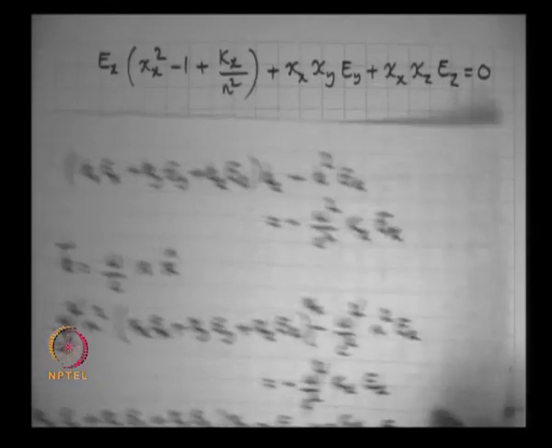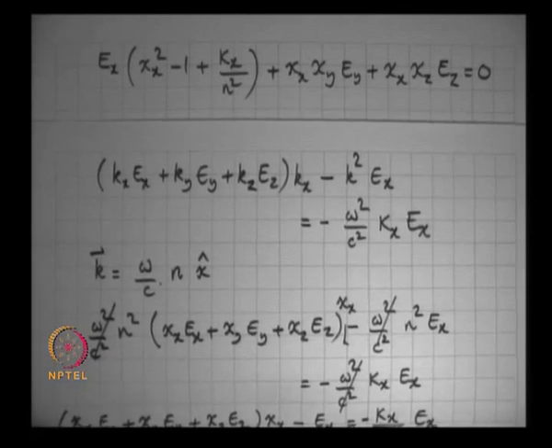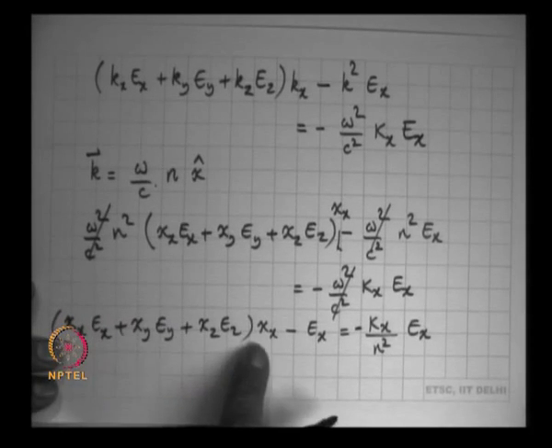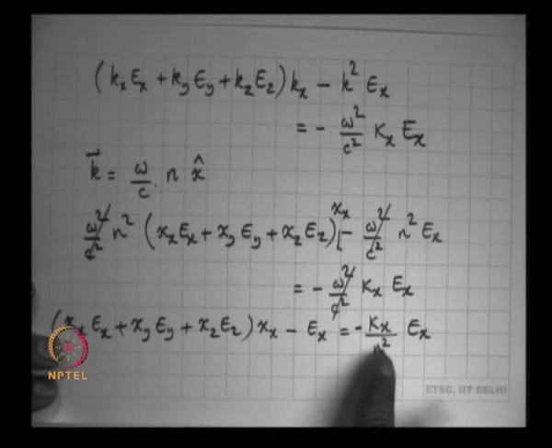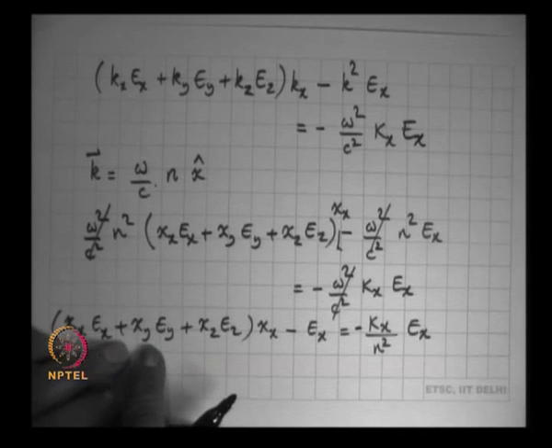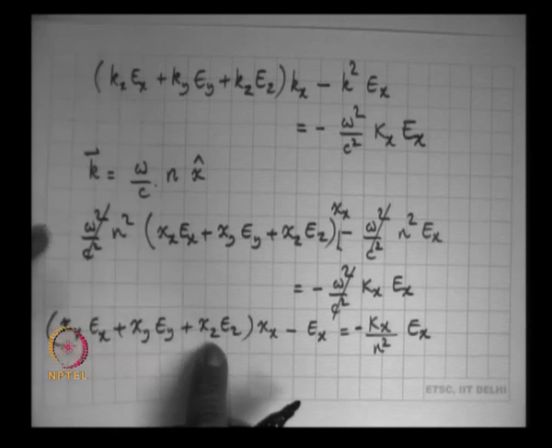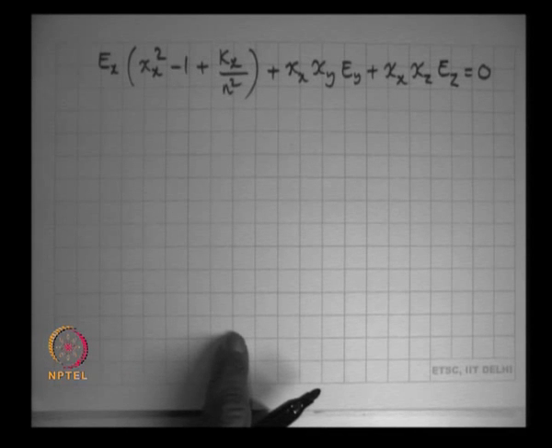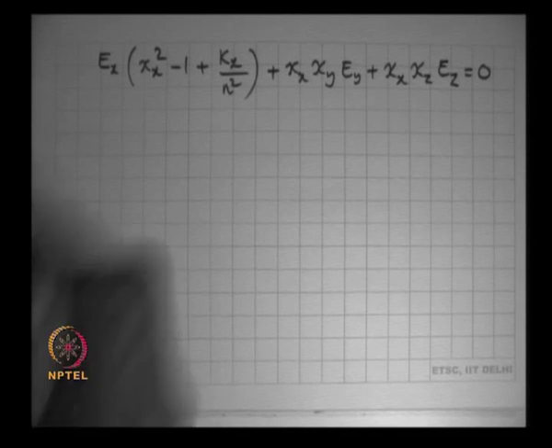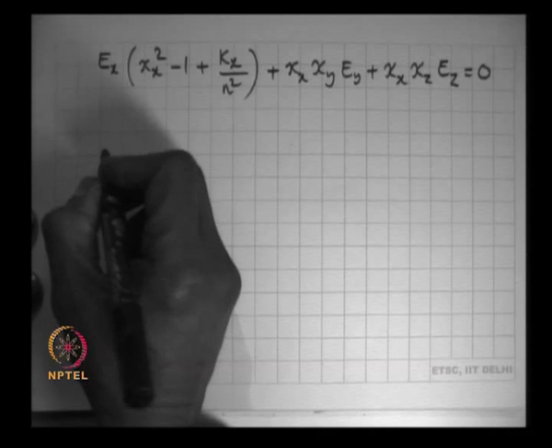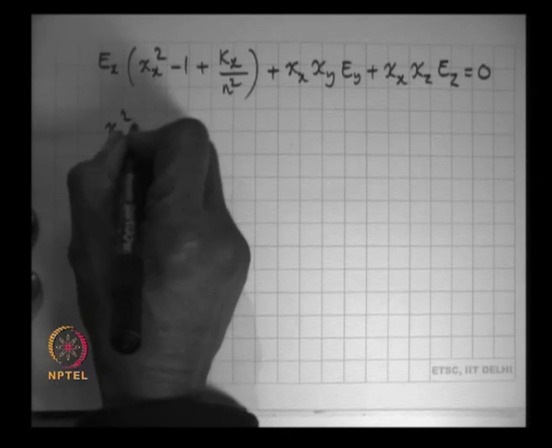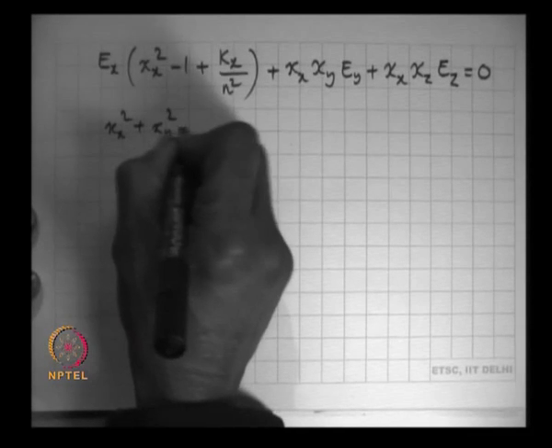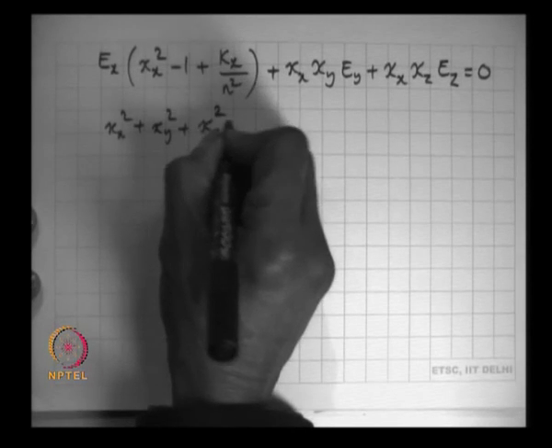So, I have essentially kappa x square minus 1 plus kx by n square into Ex, and then I have kappa x kappa y Ey, kappa x kappa z Ez. Now, remember, kappa is a unit vector. So, kappa x square plus kappa y square plus kappa z square is equal to 1.